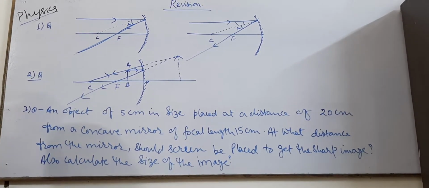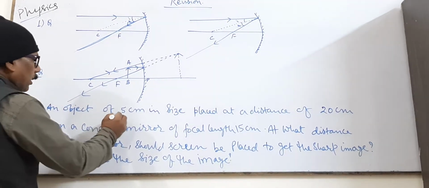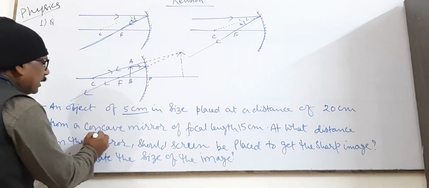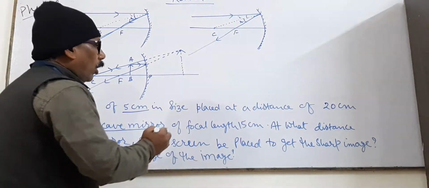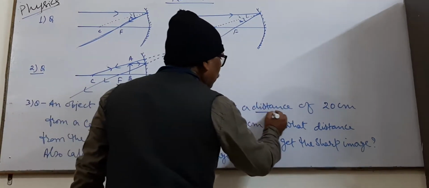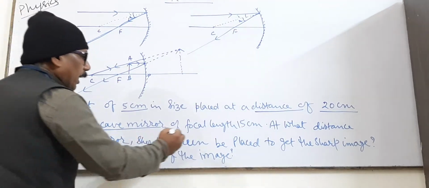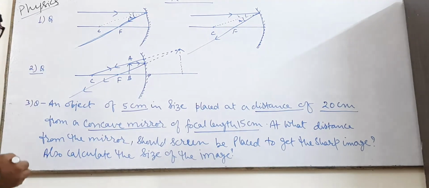Here you have to see what data is given. Object size is given. What type of mirror? It is a concave mirror. And object distance is 20 centimeter. Focal length of the mirror is given as 15 centimeter. What you have to find?